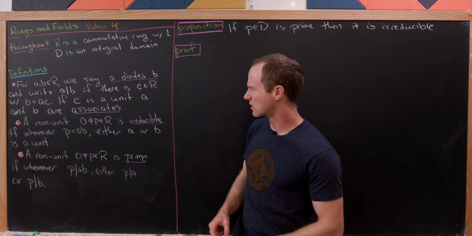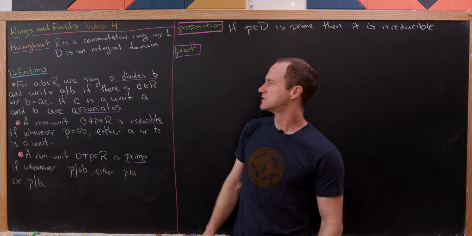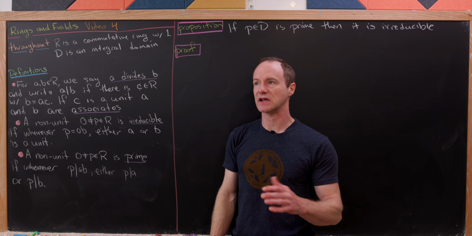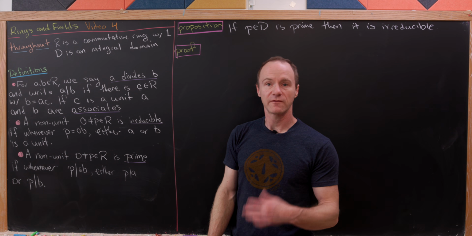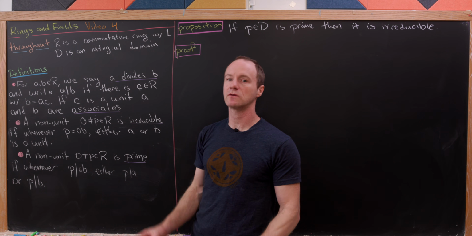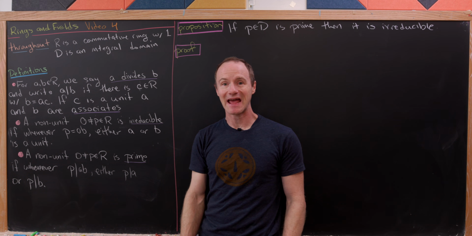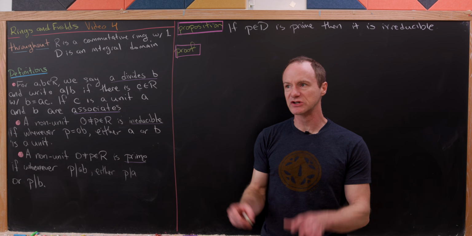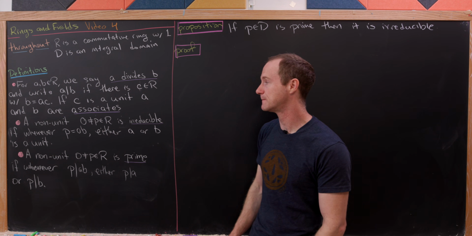Observe that this means b is a multiple of a. So saying that a divides b is equivalent to saying that b is a multiple of a. Furthermore, if c is a unit, recall that a unit is an invertible element, then we say that a and b are associates. In terms of factorization, associates are essentially the same.